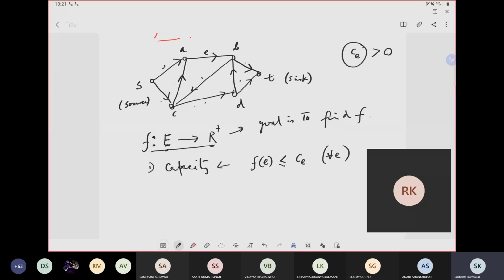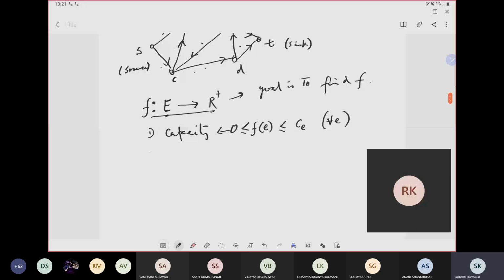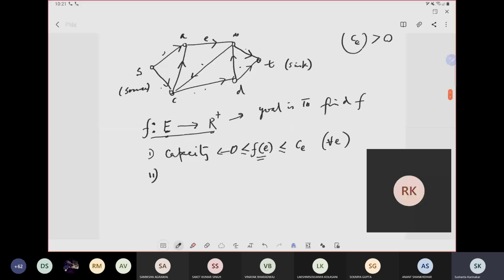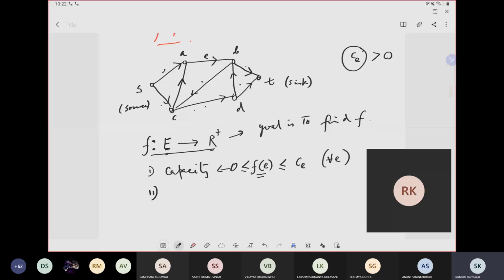It is natural that I cannot push fluid more than its capacity. And this is also greater than or equal to 0. Remember, if I assign everything 0, then this trivially satisfies the capacity condition, because 0 is less than capacity.